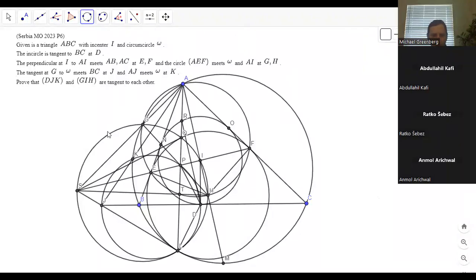KGAL is harmonic. So why is that harmonic? We have one tangent.